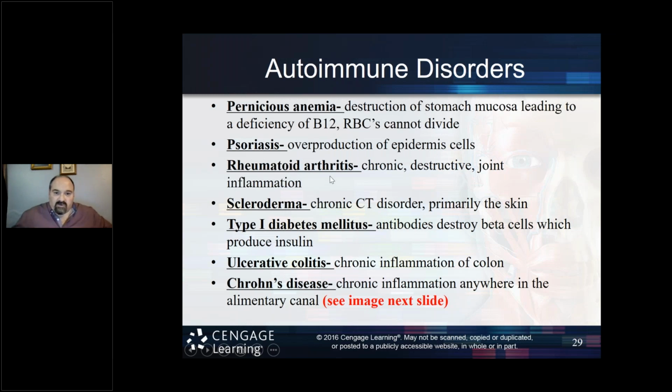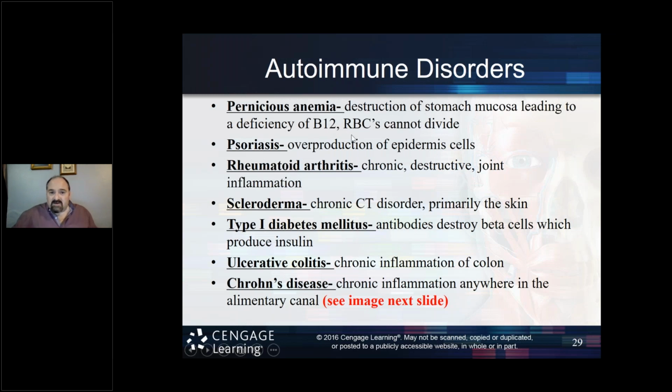You'll see here rheumatoid arthritis, chronic destructive joint inflammation, and can it affect the heart and other areas of the body? Absolutely. Psoriasis, this is an overproduction of epidermis cells, and you'll see it has a white flaky type of appearance, and there can be redness and inflammation involved with psoriasis.